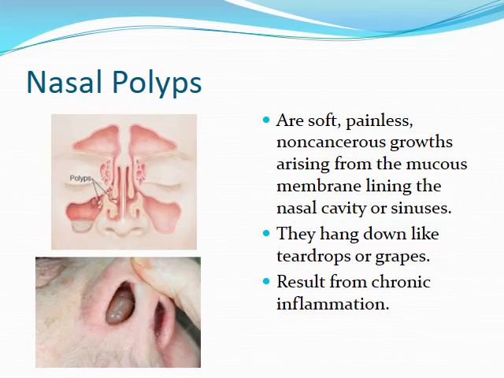So the nasal polyps are soft, painless, non-cancerous growths which arise from the mucous membrane lining the nasal cavity or even lining the sinuses. As you can see in the picture, the nasal polyps hang down like teardrops or grapes, and they result from chronic inflammation of the mucous membrane.